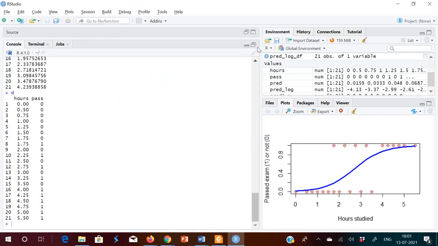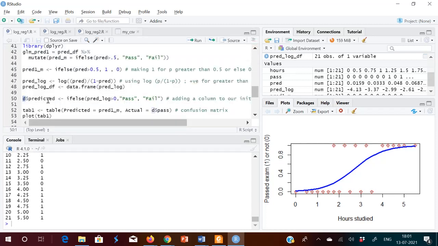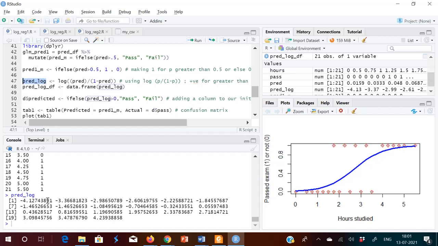To this I am going to add one new column. PRED underscore log had some negative and positive values. If it is greater than 0, it is positive, I will write pass, otherwise I will write fail. I am adding a new column to D.